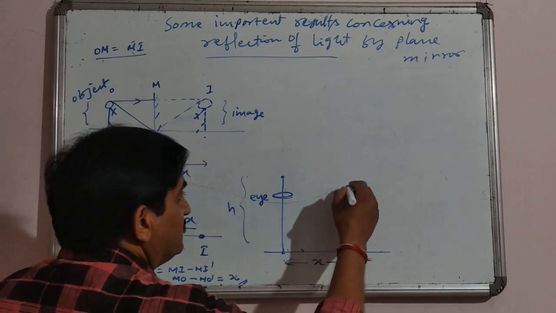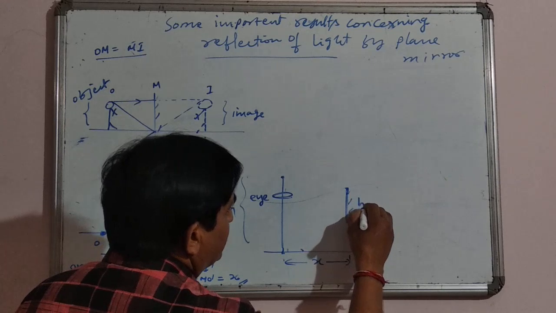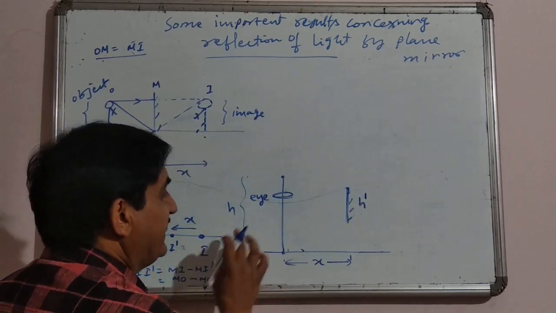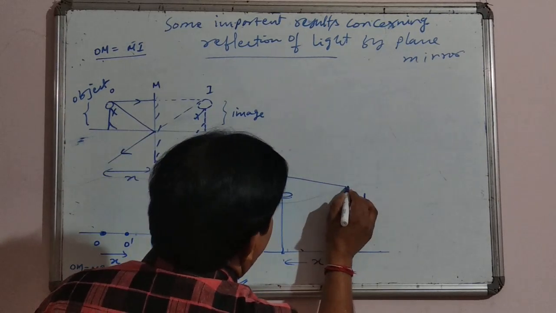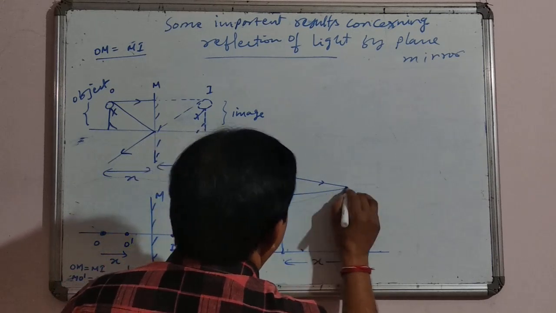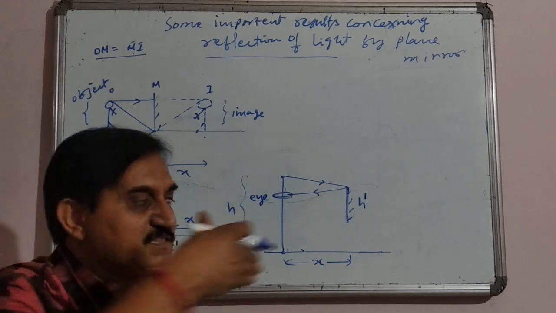Now the mirror is kept above the eye of the person, say its height is h dash. We don't know its height, but the person's height is h. From the head, light is incident on the upper edge, and after reflection it reaches the eye of the person, therefore he is able to see his head in the plane mirror.